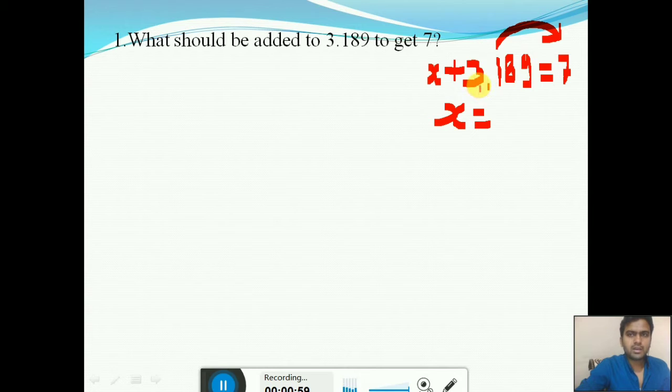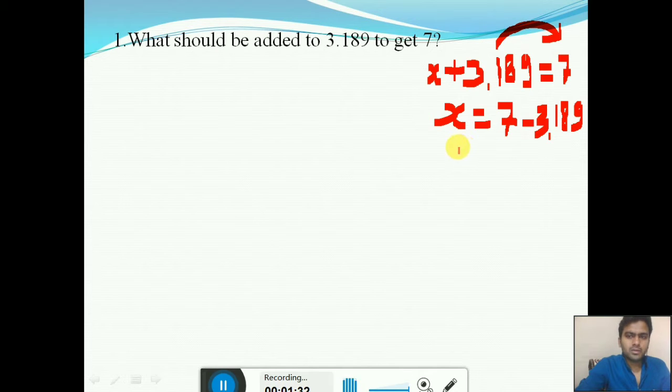So when we transfer this 3.189, the sign will change from plus to minus. So this number will be subtracted from 7. 7 minus 3.189. Now how to solve this? 7 is a whole number and this is a decimal number.